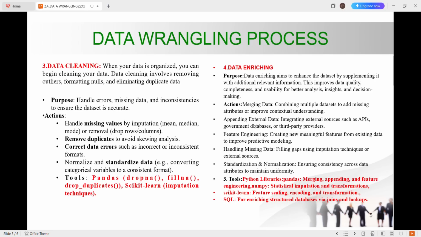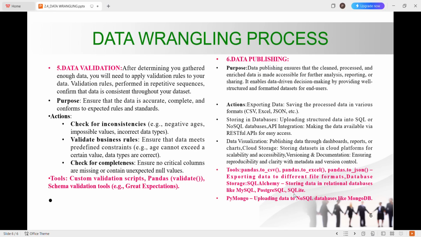You can take meaningful features from the existing data so that it improves predictive modeling, or fill the gaps in the missing data. Finally, go in for standardization or normalization. The tools which could be used are a merging tool or an appending tool, and as far as NumPy is concerned, you can go in for statistical imputation or transformation tools.